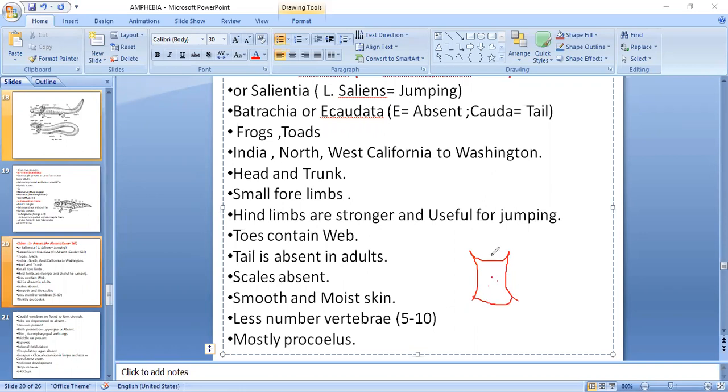The anterior part of the centrum is concave in shape. Such a vertebra is generally known as procoelous. So most of the vertebrae of these frogs are procoelous type of vertebrae.